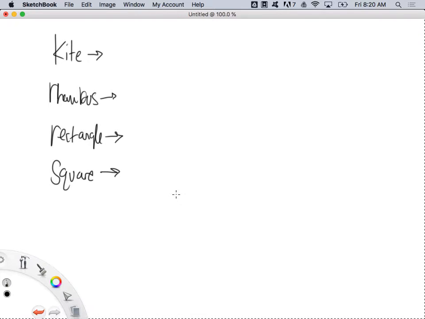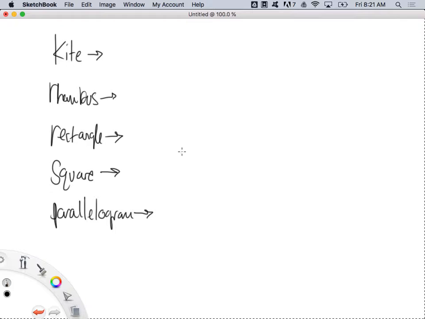The kite or in a parallelogram. Let's start with parallelogram actually. A parallelogram has two pairs of what sides? Parallel.